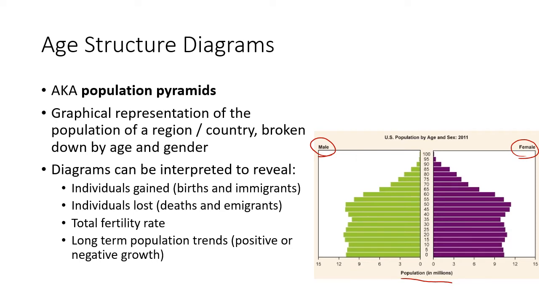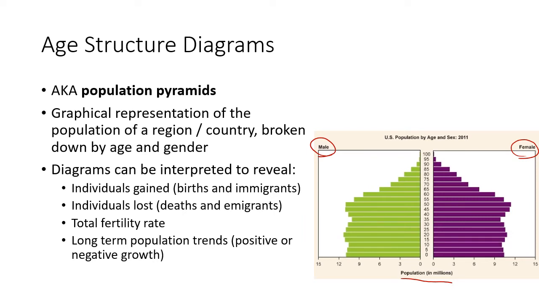In the middle is our y-axis, which is age, from 0 to 100. You'll note that in this population there's a lot of people that are 0 to 50, and then as people get older it gets smaller because they're not expected to live to 110, 120, etc.